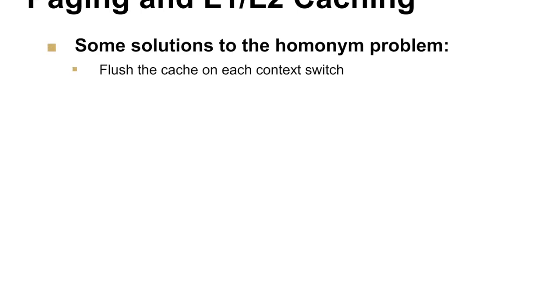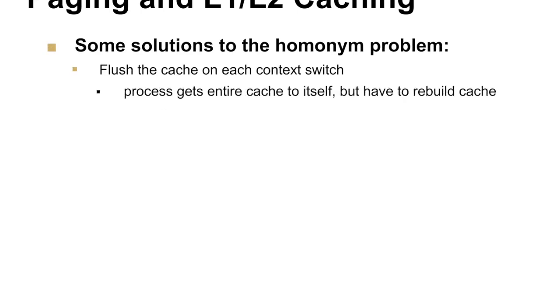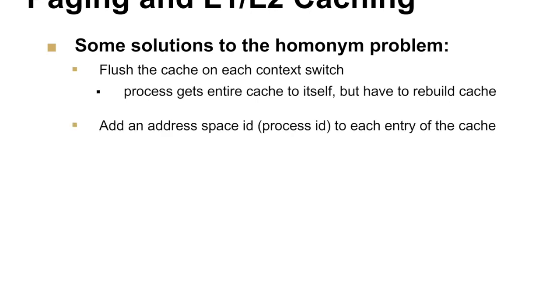We could flush the cache on each context switch. That means we take everything out of the cache and we have to rebuild that cache when we do a process switch. We could also just add a space ID, a process ID, that says, here is the process ID to go along with those addresses.